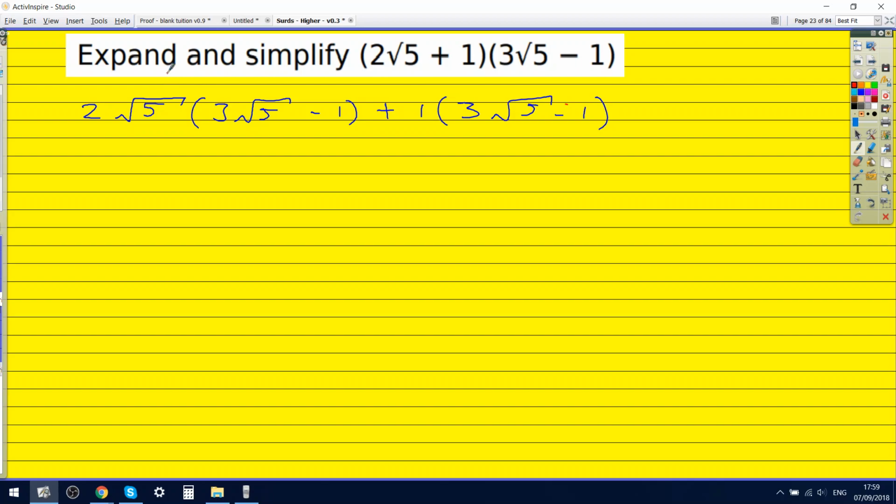What's next? Need to put it all together, don't you? Expand. 6. Yep. And then root 5 and root 5 is just 5.